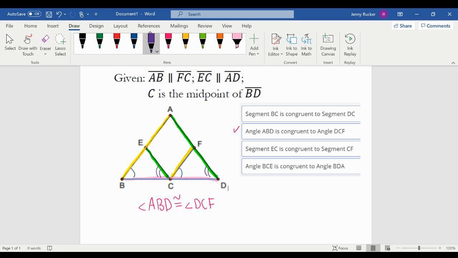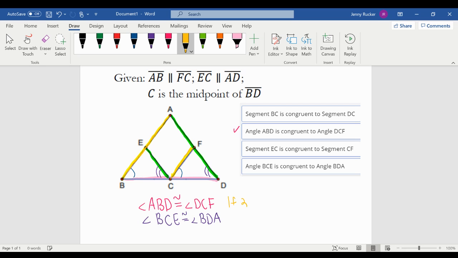So we can say that angle BCE is congruent to angle BDA. So even though we used a different set of parallel lines, we can use the same justification statement because of the same type of angles.